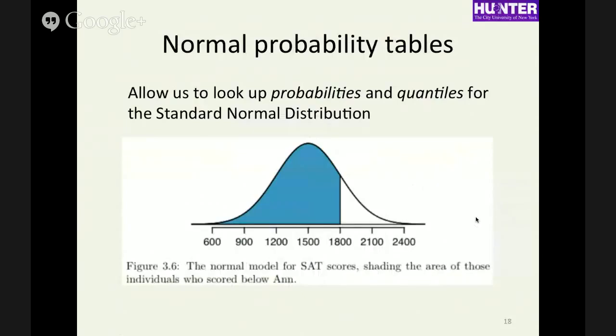So we want to actually say how well Anne and Tom did on this test. We're going to do that in terms of quantiles or percentiles. And if any of you had to take the SATs, you'll know what percentiles are. It's how your score was relative to the rest of your peers.